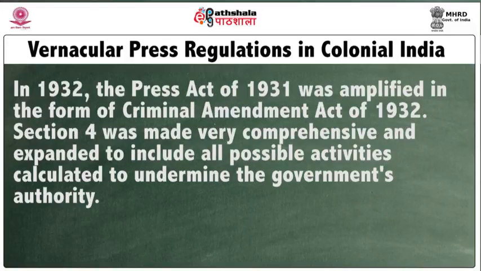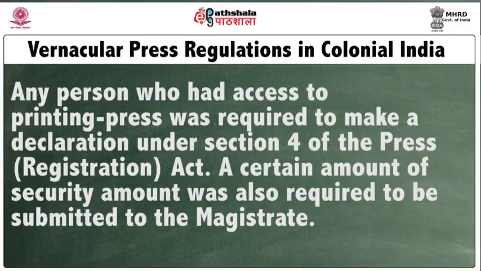In 1932, the Press Act of 1931 was amplified in the form of the Criminal Amendment Act of 1932. Section 4 was made very comprehensive and expanded to include all possible activities calculated to undermine the government's authority. Any person who had access to printing and a printing press was required to make a declaration under Section 4 of the Press Registration Act.